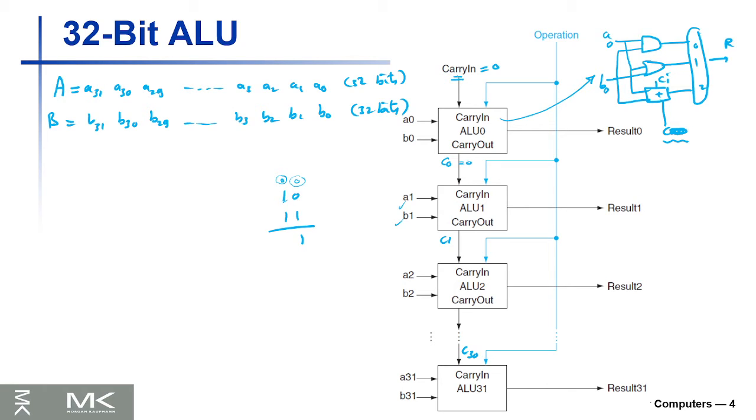Then 0 plus 1 is 1, 1 plus 1 will be 0, and we have a carry of 1. Okay, so in that case here, this is 0, this is 1, this is 1, this is 1. The carry input is 0. The first resulting carry will be 0. The second resulting carry will be 1, and so on. This is just for 2 bits. Good.